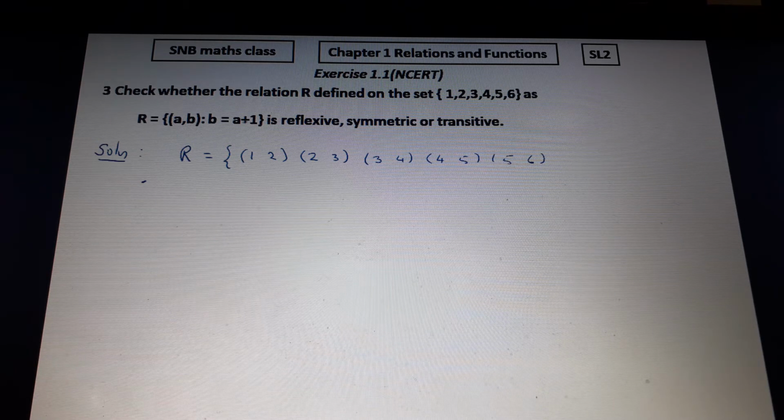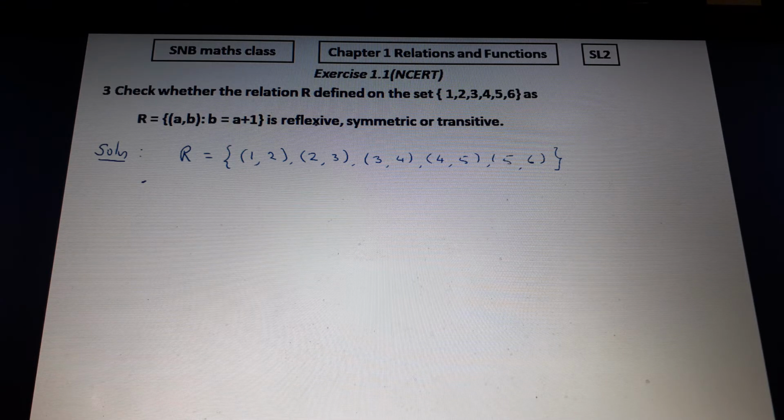Of course the condition is not given whether you should take 6 or not, but since it is a relation R defined on this set, it is better you write only this much. So (1, 2), then (2, 3), and it is very clear now when you write like this.